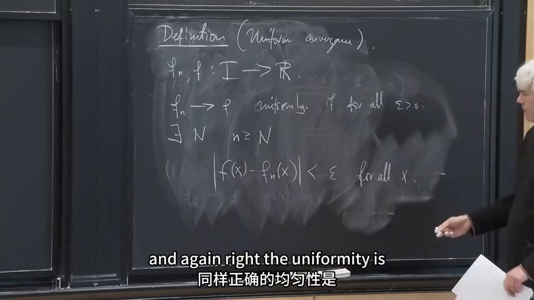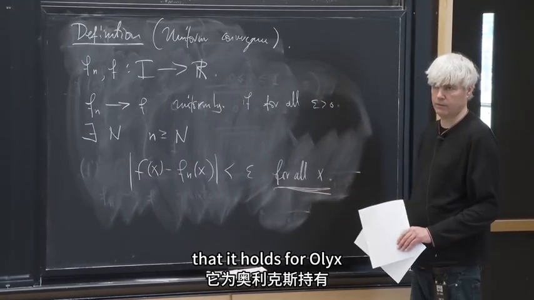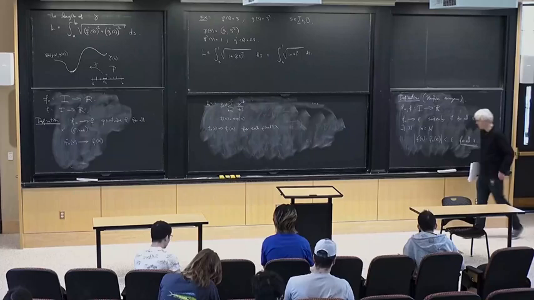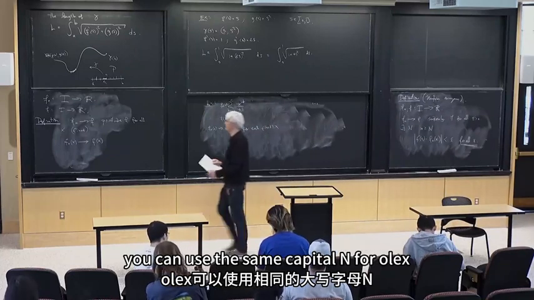And again, the uniformness is that it holds for all x. You can use the same capital N for all x.